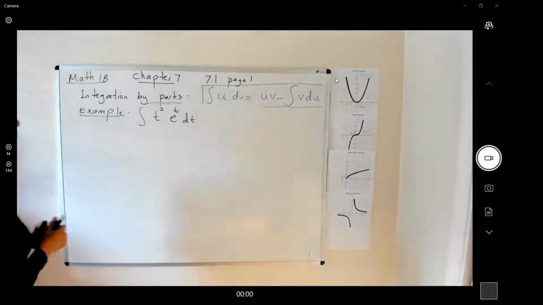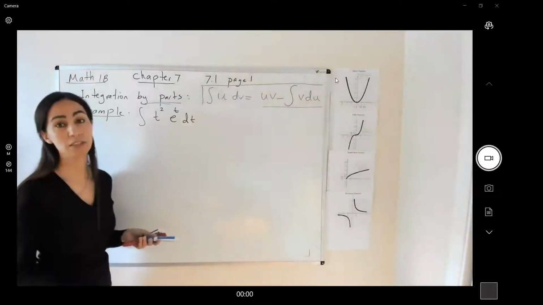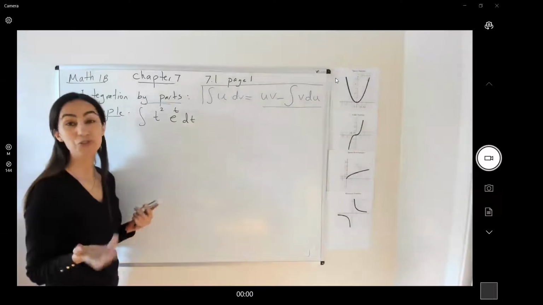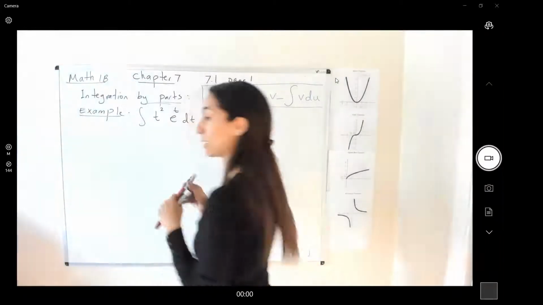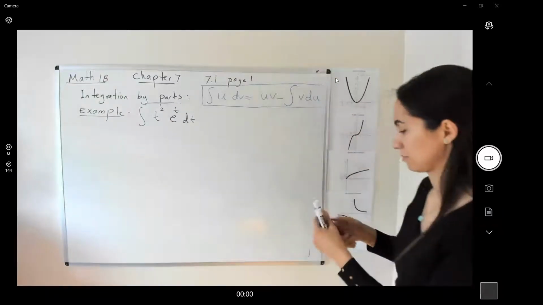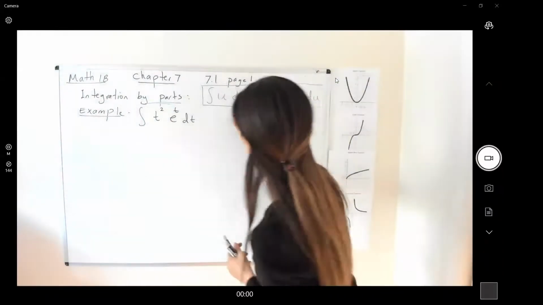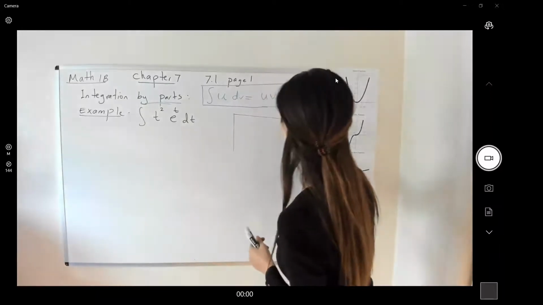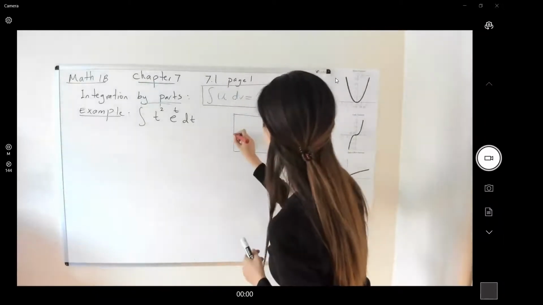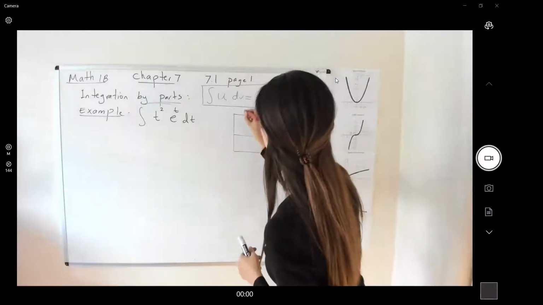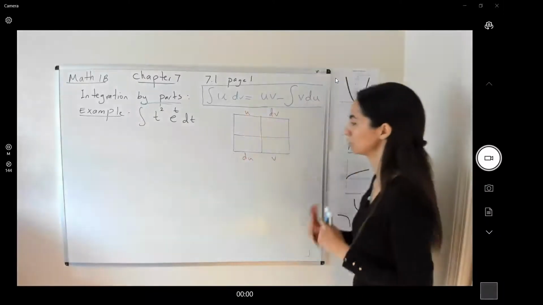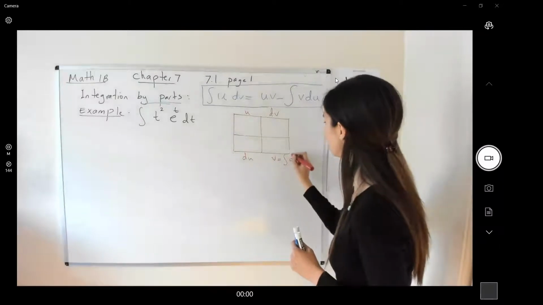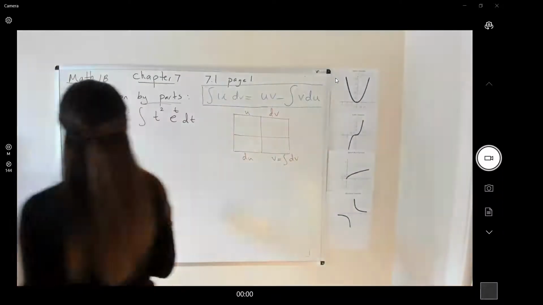Very well. Okay, how do we take this integral? Let us try integration by parts. Let us form our little table and choose u, choose dv, then du and v, which is the integral of dv.